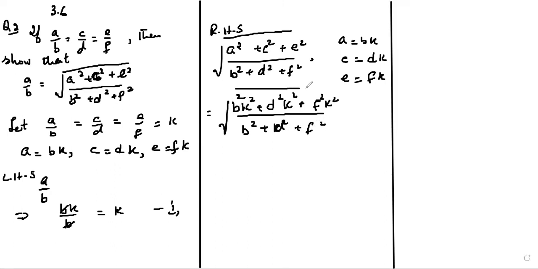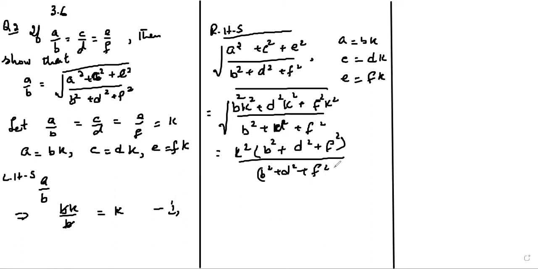Taking K square common from the numerator, we have B square plus D square plus F square, and in the denominator we have B square plus D square plus F square.